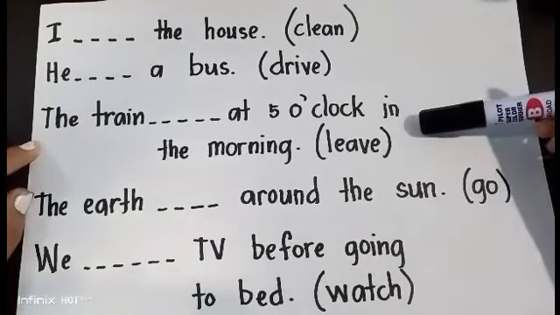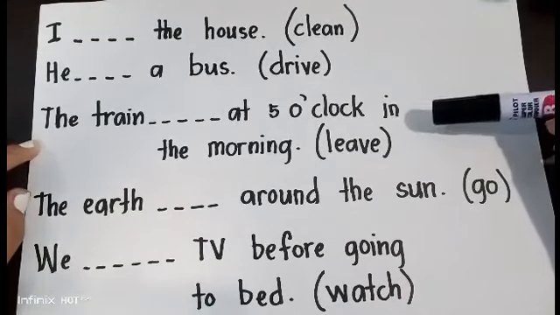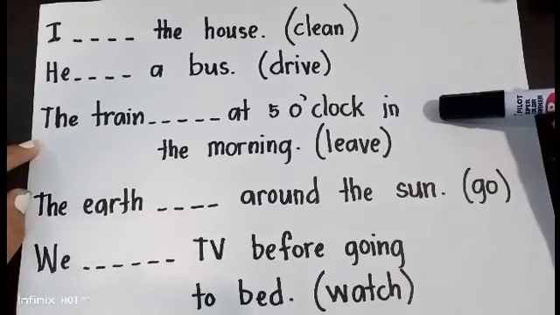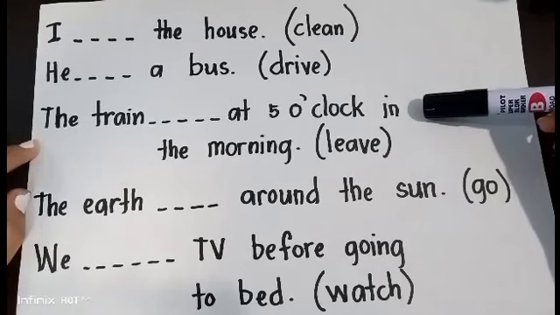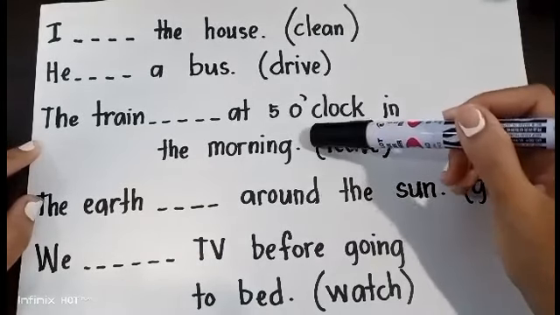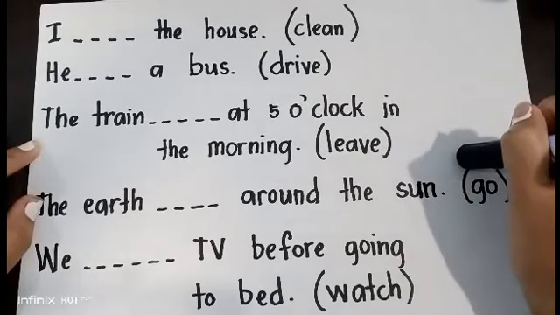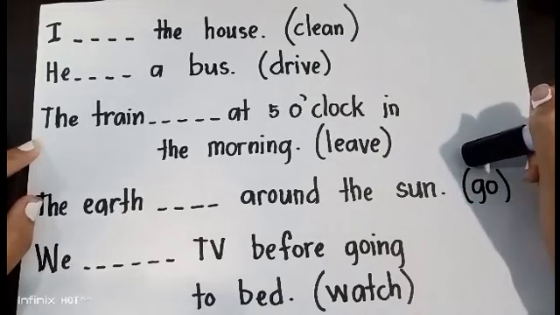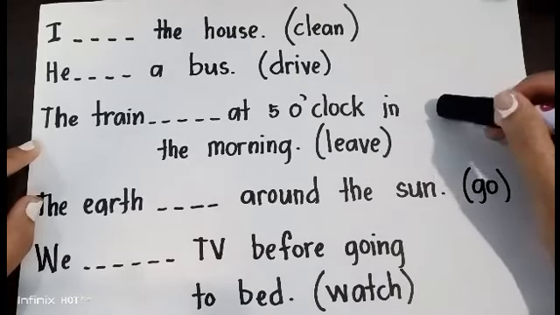Alright, the tips for answering it easily. Well, you just have to follow and remember the rules of the simple present tense, in which if you have a singular subject, then it must be followed also with a singular verb. What happens to your verb if you have a singular subject? Of course, you will have S or ES.